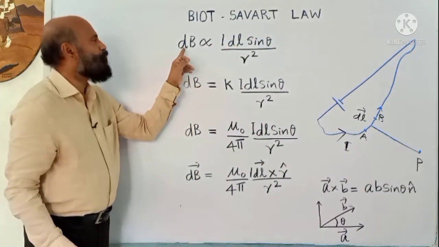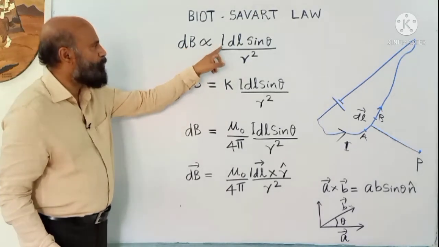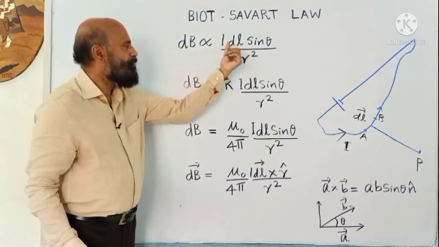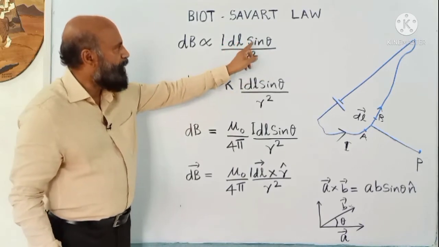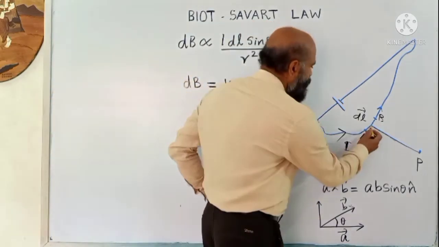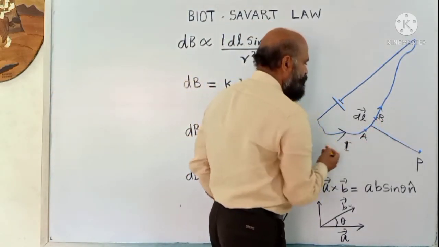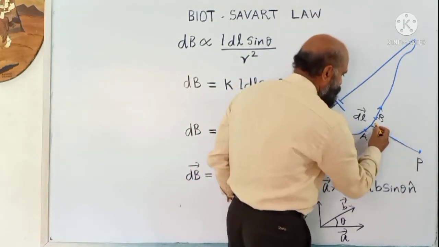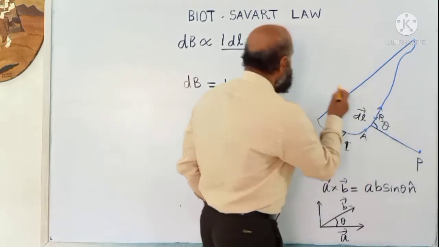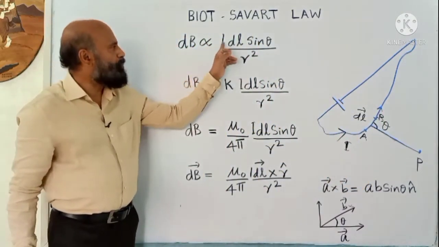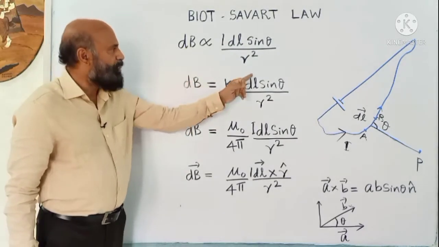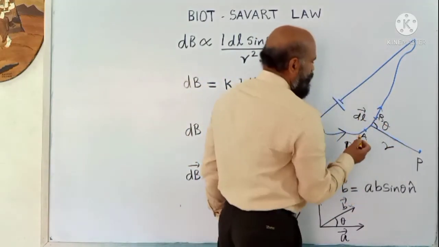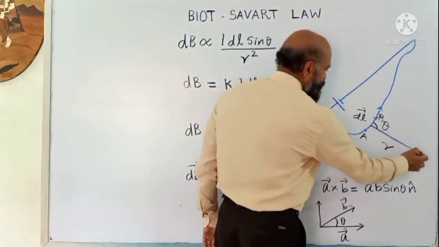So the magnetic field is directly proportional to the current, the length of the current element, and the sine of the angle between the direction of the current element and the line joining the center of the current element to the point. So this angle is theta, so sine theta. So it is directly proportional to these three quantities and inversely proportional to the square of the distance, where r is the distance between the current element and the point.